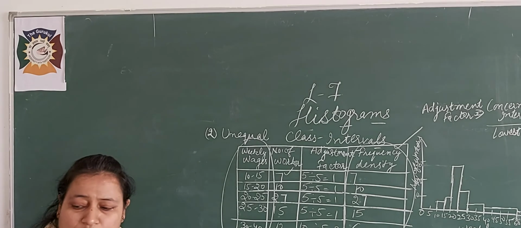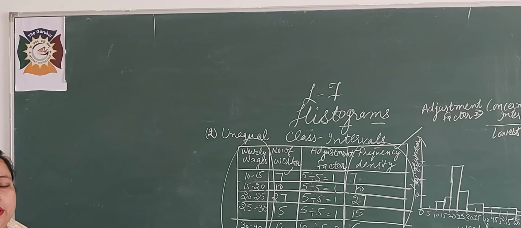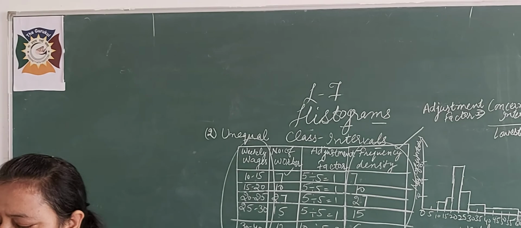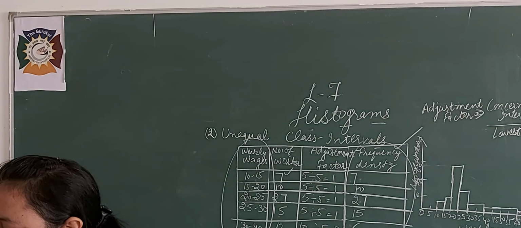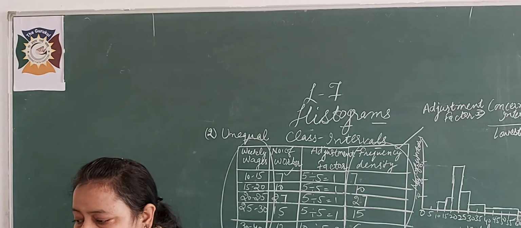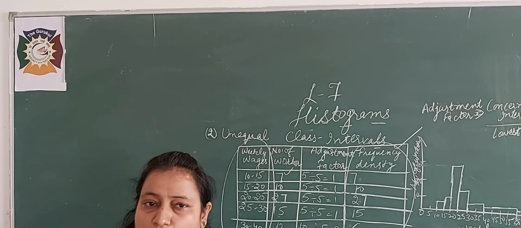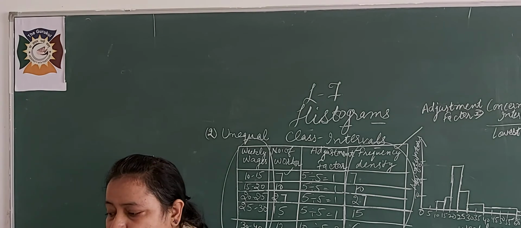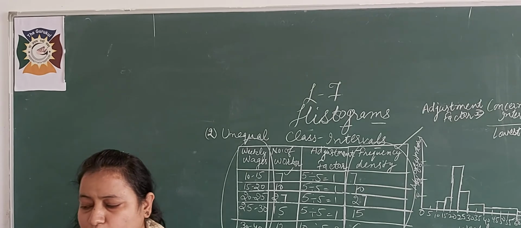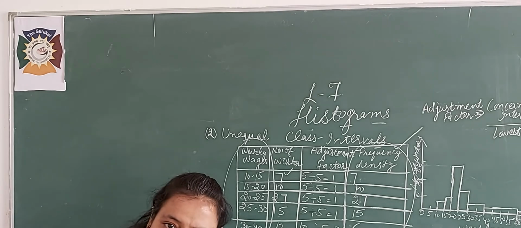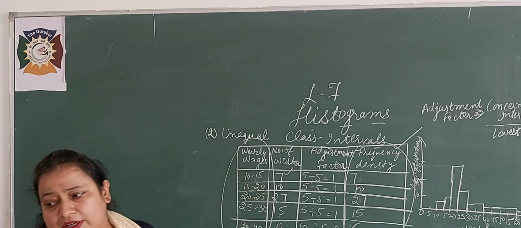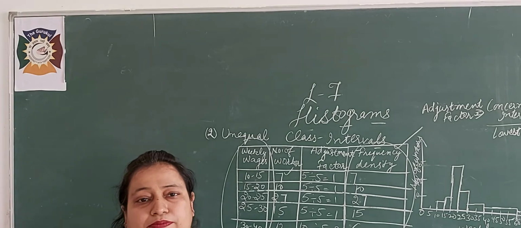So when a histogram comes in your exam, I think you can make it easily. I am telling you again about the histogram. Histograms are drawn when data are in the form of a grouped frequency distribution, or a frequency distribution of a continuous series like this. That's why the name of the chapter is frequency diagram.